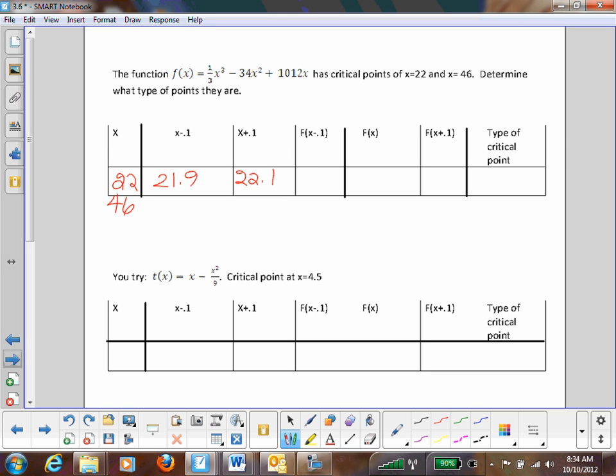At 22, figure all this stuff out. This is what, even or odd? Where are your tails? So, where are your tails? Okay, so we'll probably have what kinds of maxes and mins? Relatives. See how we're tying this all together?